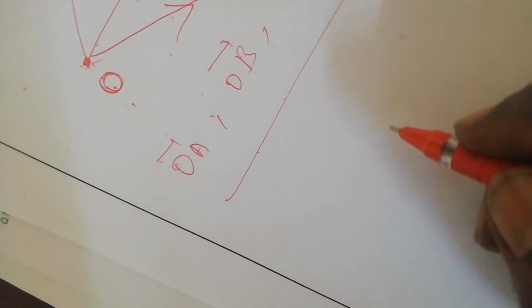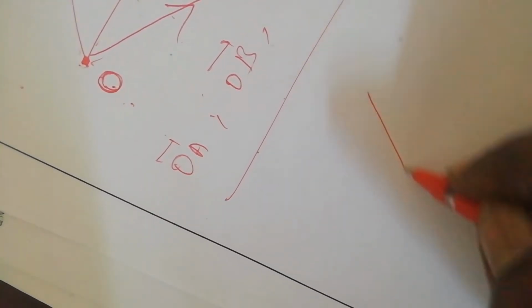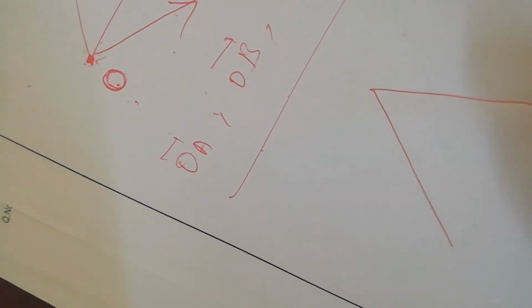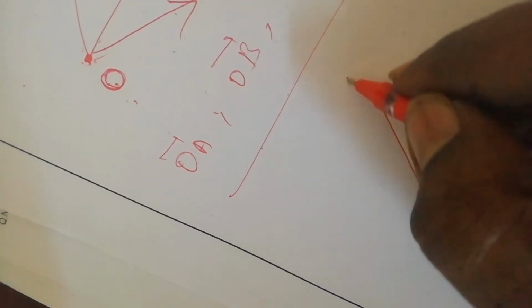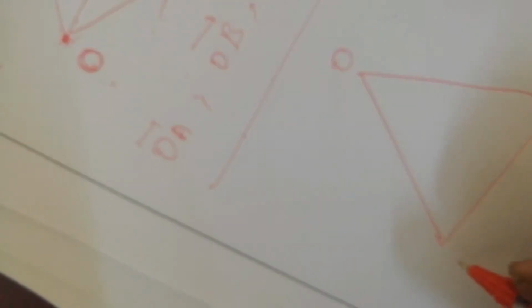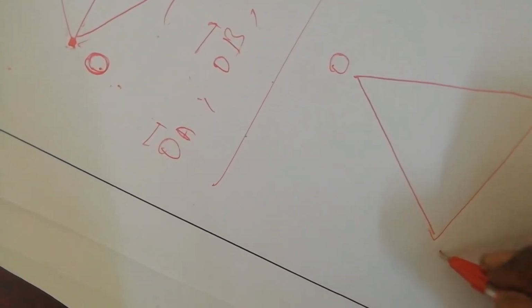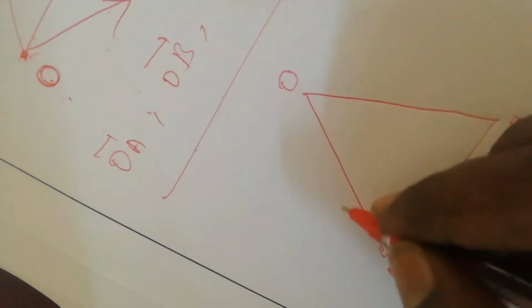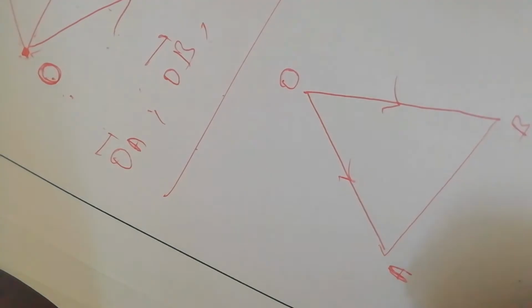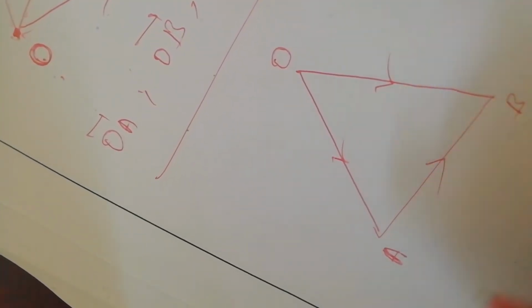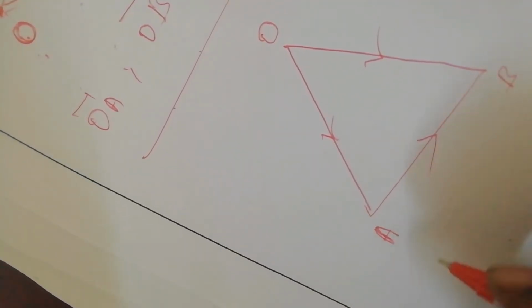Next, the triangle law is used for position vectors. The starting point is O, and these are different places A and B. This is OA, OB. You want to find AB.